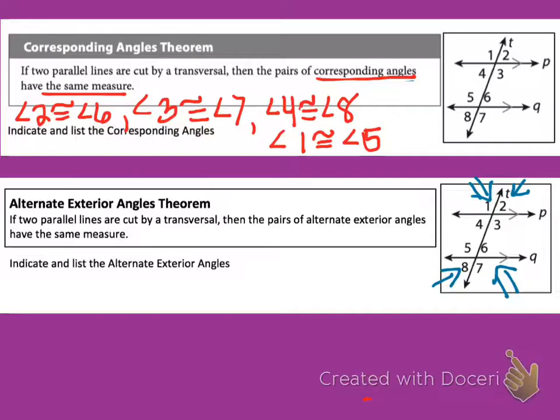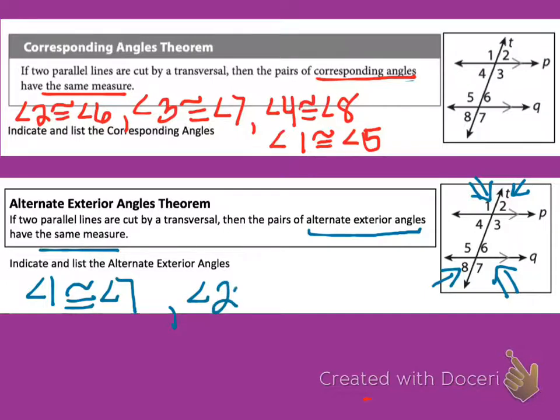So 2 and 8 look like they're congruent, and they actually are, and how I can justify it is this alternate exterior angle theorem. Alternate exterior angles are the same measure if they're formed by two parallel lines cut by a transversal. So I could say angle 1 is congruent to angle 7, and I could also say angle 2 is congruent to angle 8.